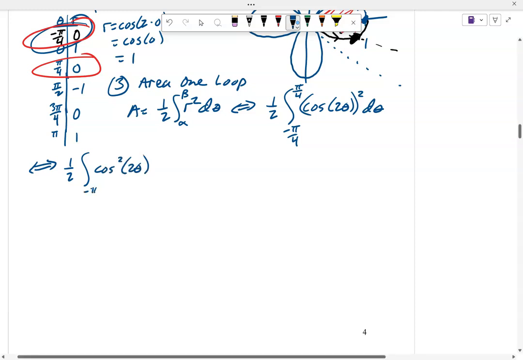So again, I'm going to use that power reducing. Cosine squared u is 1 plus cosine of 2u all over 2.